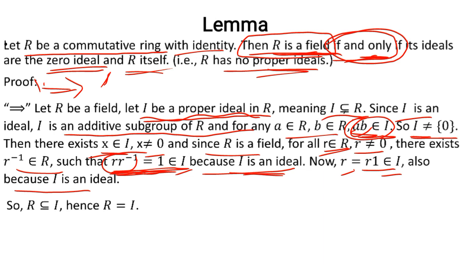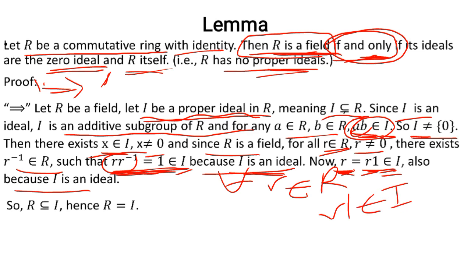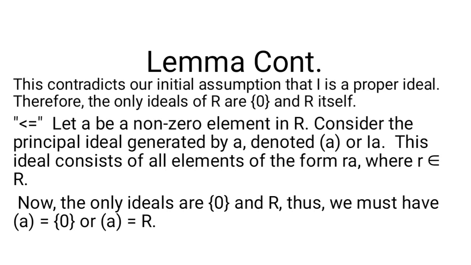So now, if every time I pick R, I multiply by 1, I will get something in I. It means that for all R in my big R, R times 1 will lie in I. Clearly, R is the same as I, which is what we've gotten here. So if that is the case, this is a contradiction, because our initial assumption had said that I is a proper ideal.